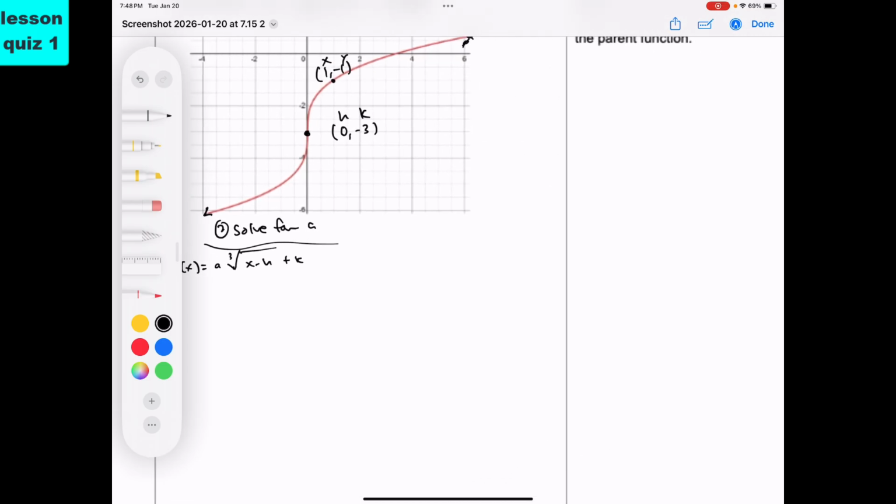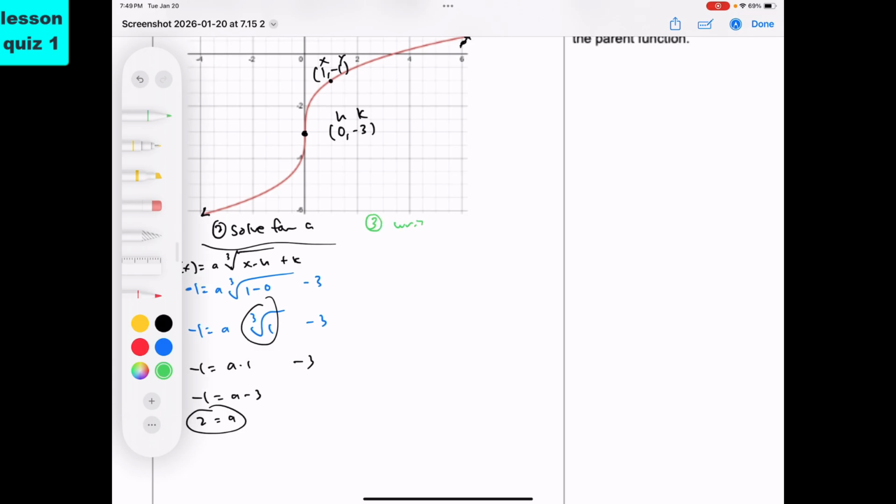Okay, let's just substitute the numbers we've got. So g of x is my y, so -1. My x value is 1, h value is 0, and then k value is -3. So that just becomes 1. That'll become 1. So that's just a. Add 3. a equals 2. Okay, so now I'm going to write my equation.